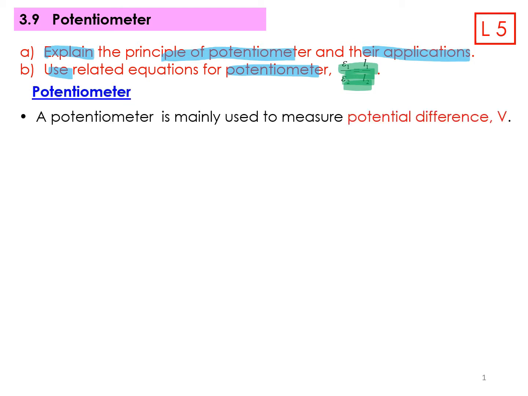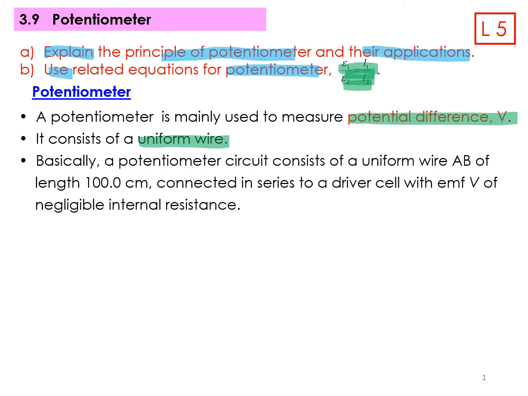Okay, so what is potentiometer? Potentiometer is mainly used to measure the potential difference, which is V. And it consists of a uniform wire. Usually we use a uniform wire, and you can find the potential difference for that wire.